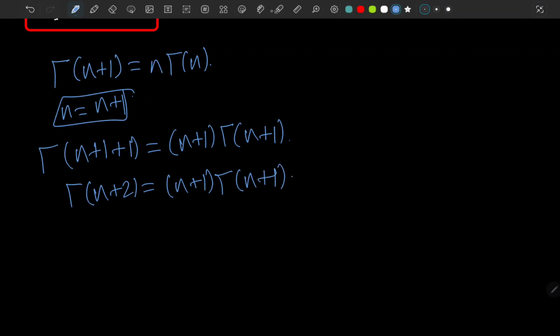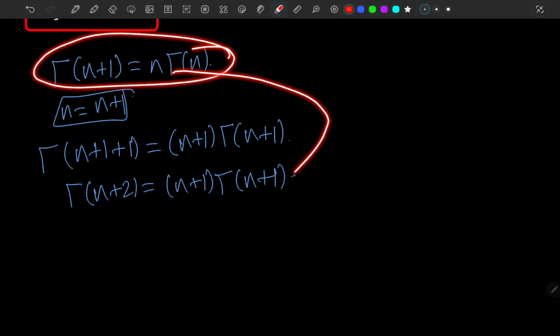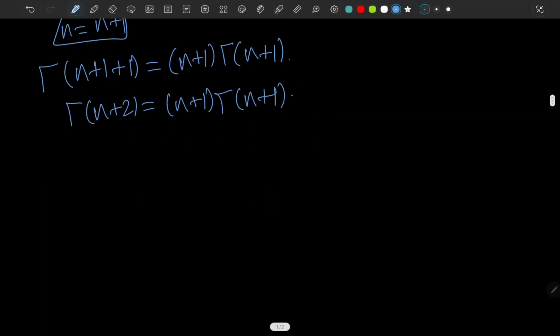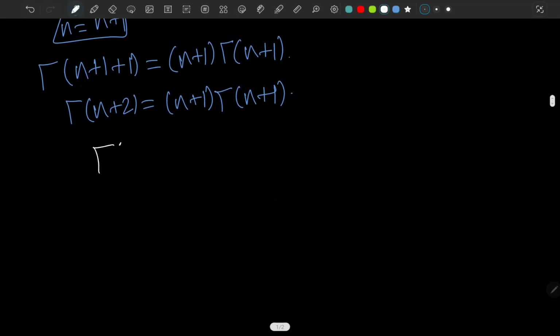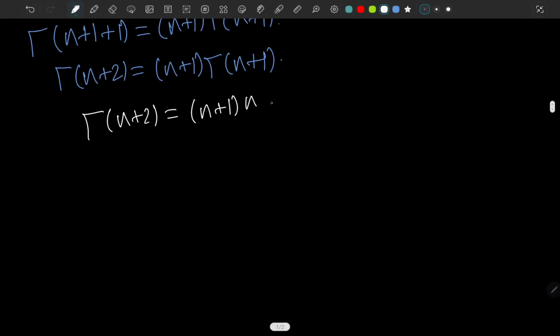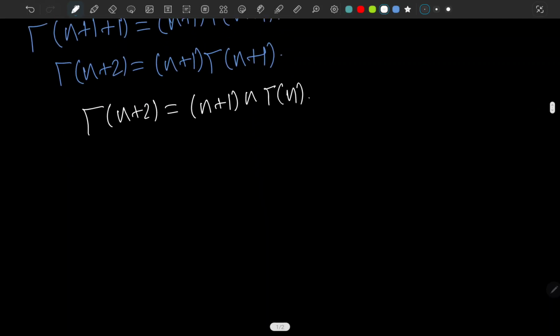And what's gamma of n plus 1 from here? Just plug it in. So gamma of n plus 2 is n plus 1 times n times gamma of n.